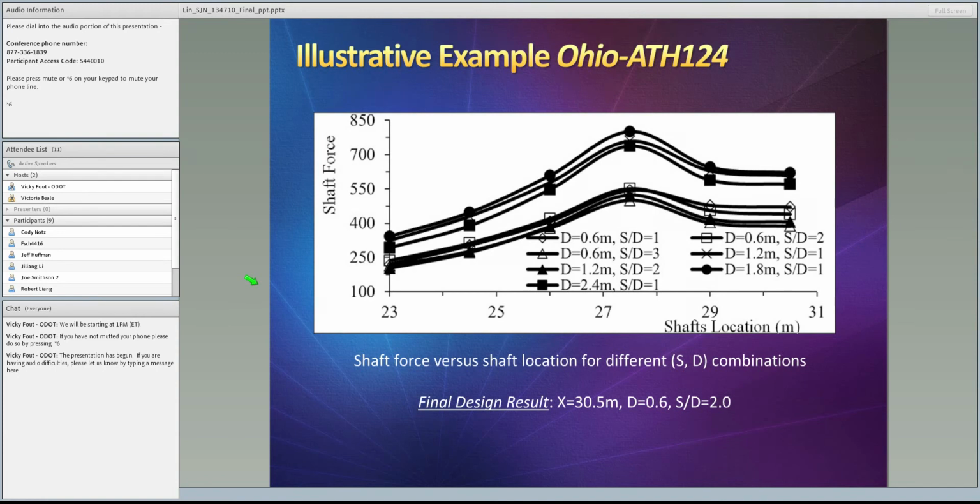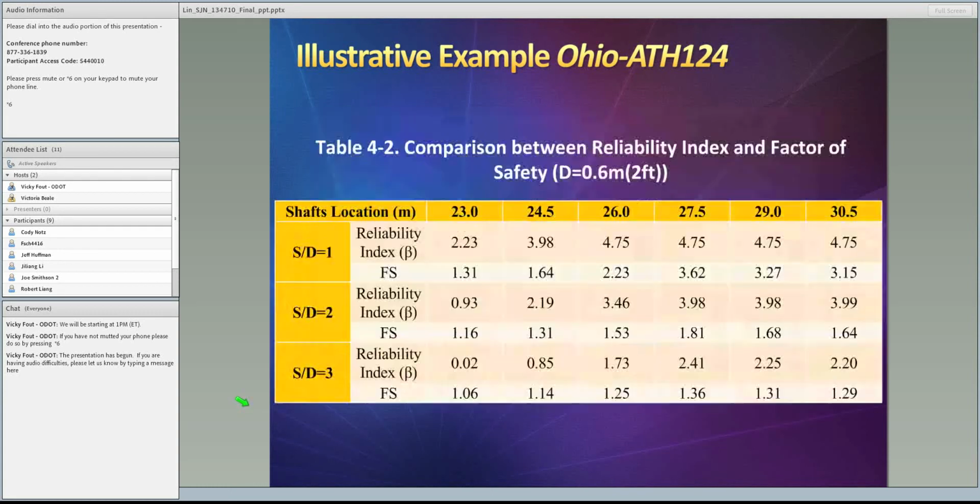And this is a comparison between reliability index and the factor of safety. We're just choosing diameter equal to 0.6 meters, which is 2 feet. From here, we can see that the reliability index is equal to 3.98.